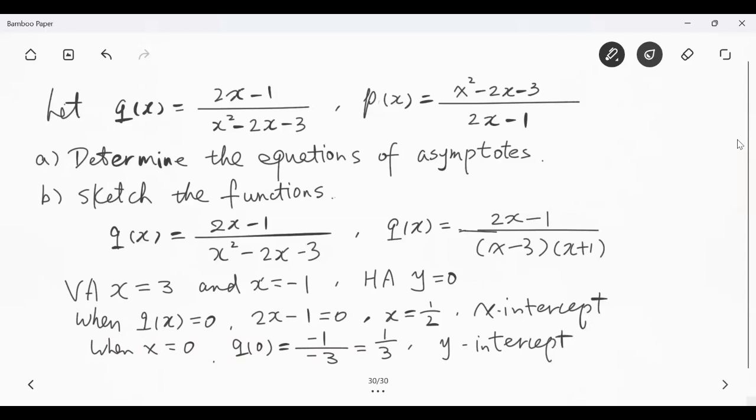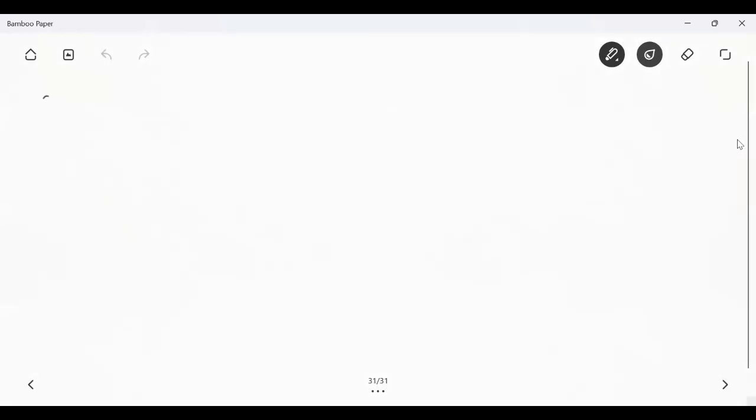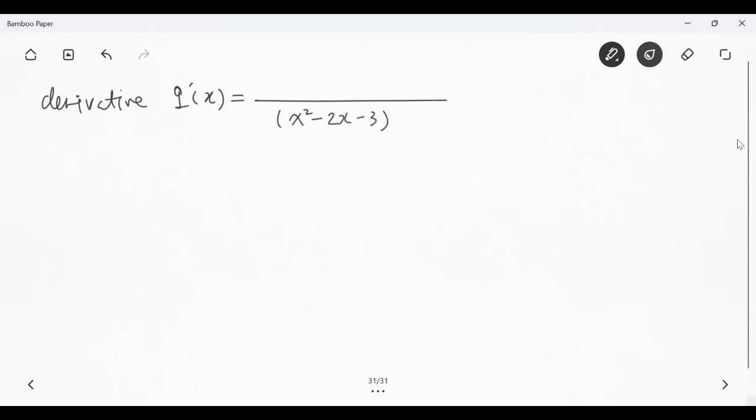Okay. To find the derivative of Q(x), use the quotient rule. The denominator is (x squared minus 2x minus 3) squared, and then simplify the numerator.